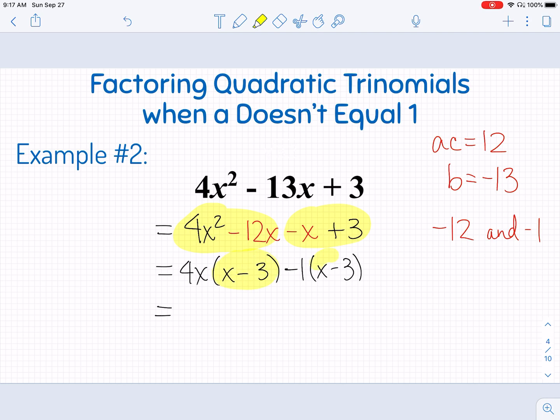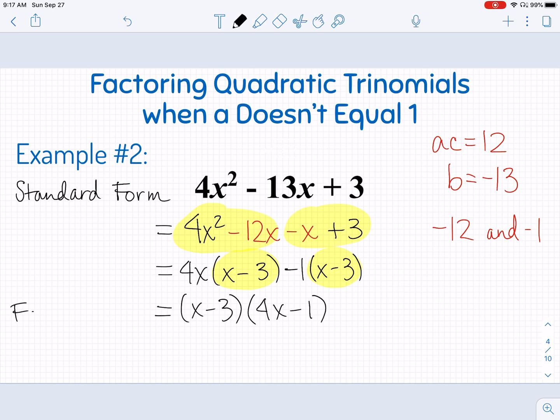So the GCF is going to be x minus 3. And then the first term would have 4x left over, and the second term would have a negative 1 left over. So again, this first line that we started with is called standard form. And this last line that we ended in is called factored form.